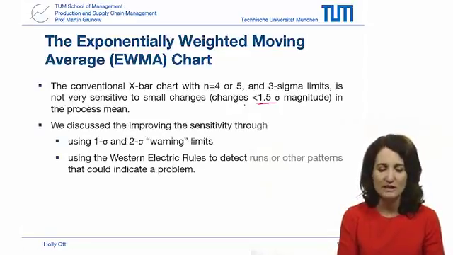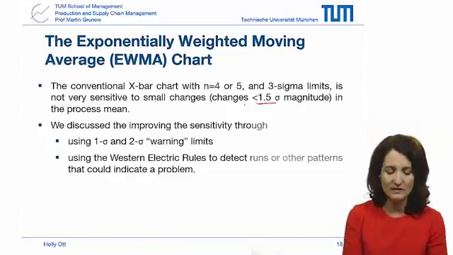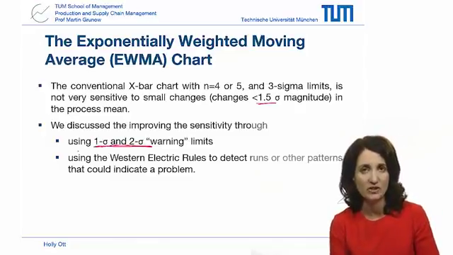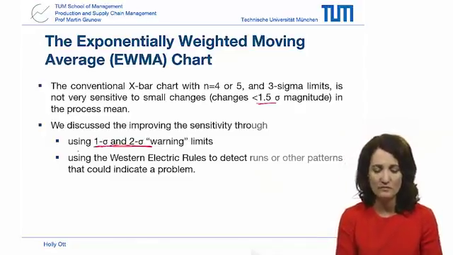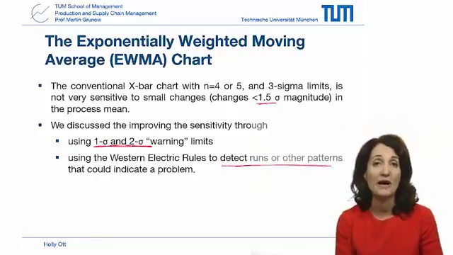We also noted that we improved sensitivity through 1 and 2 sigma warning limits. That was the idea of the Western Electric rules that we've had before. We could also use those to detect runs or other patterns.